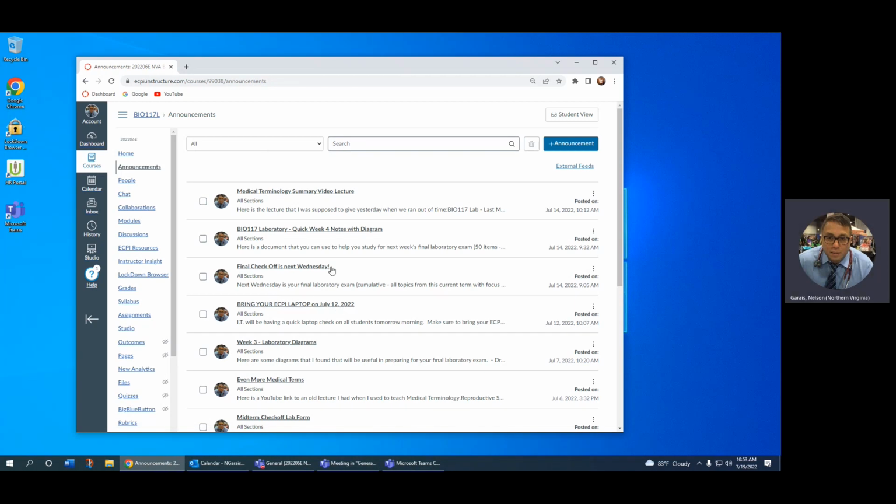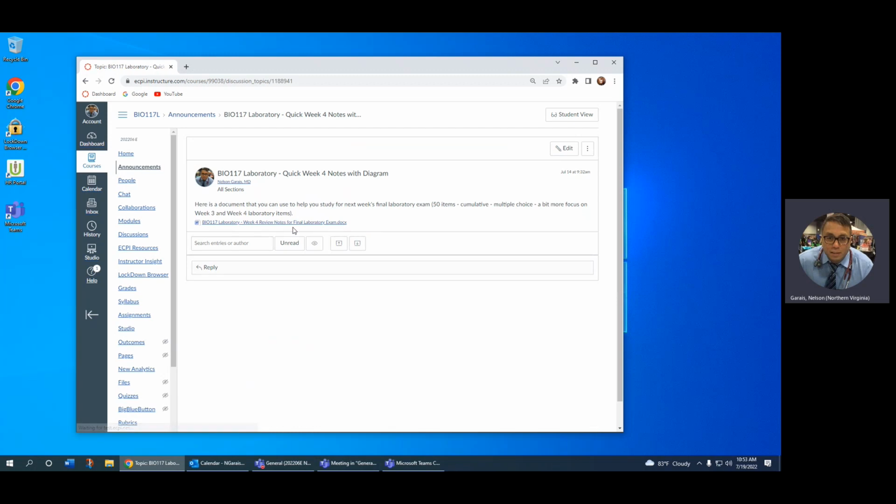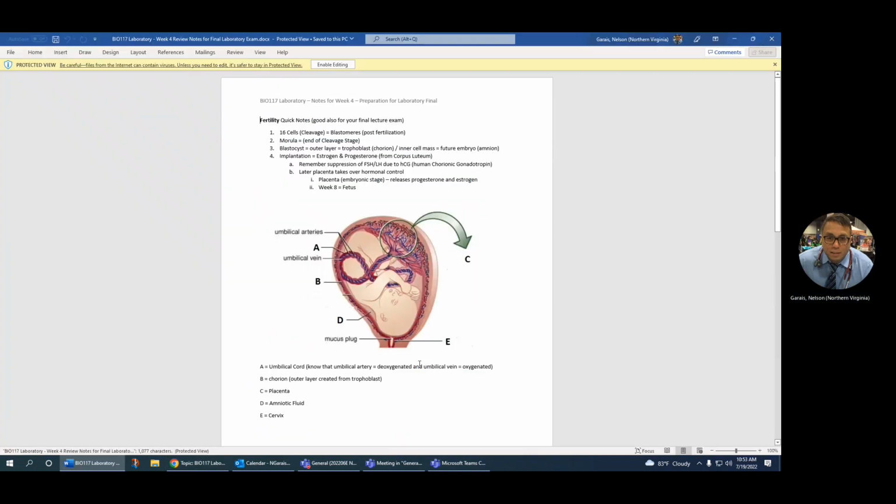Let's look at week 4 notes and diagrams. Now, this is a lovely picture right here. Here are some quick notes. It's nice, it's good, but we already asked these things to death in previous exams and quizzes.